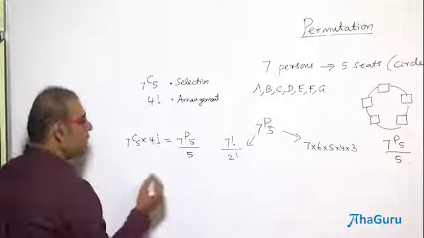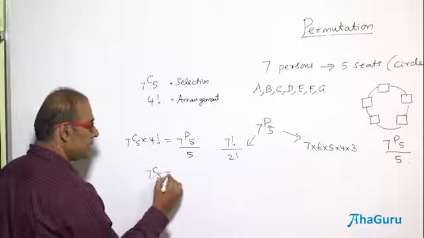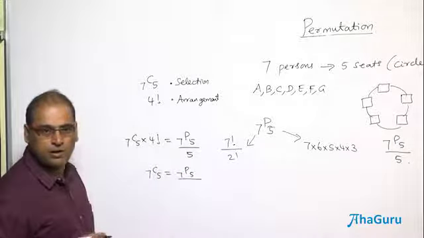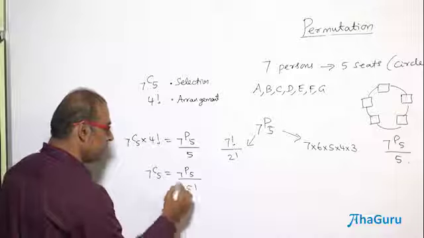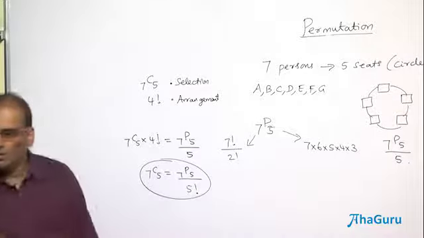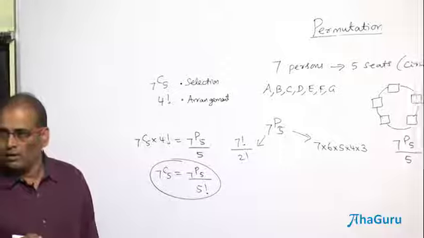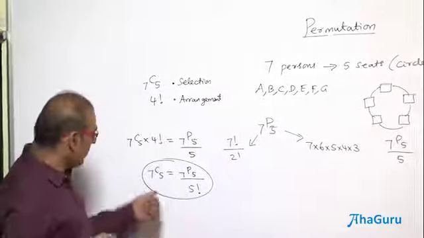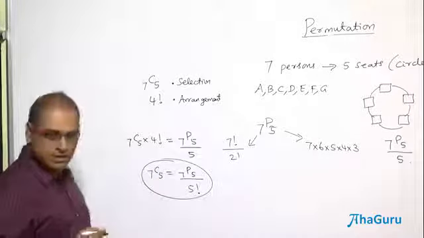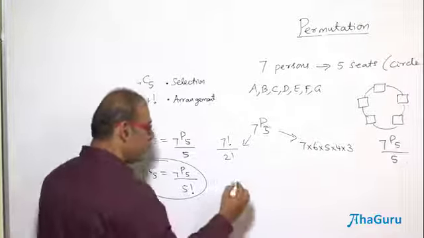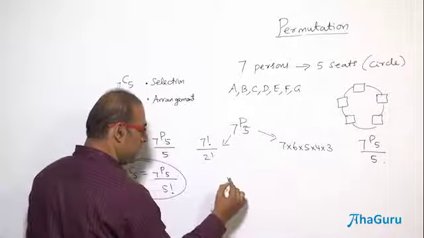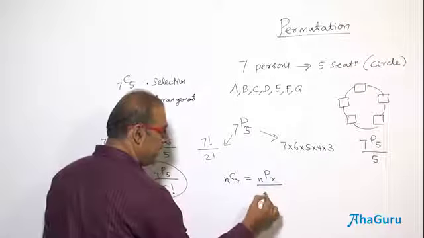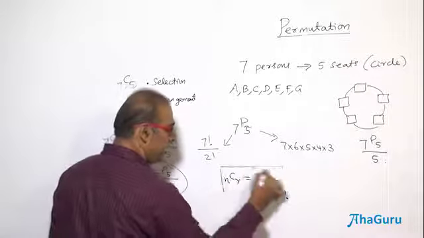So can you take this 4 factorial here? What do you get? 7p5 divided by 4 factorial into 5. What is 4 factorial into 5? 5 factorial. Understood or not? So actually it's the same thing I have got in 2 different routes, right? And I am getting a link between the combination and the permutations. Therefore, I can say that in general, n choose r is equal to npr by r factorial.